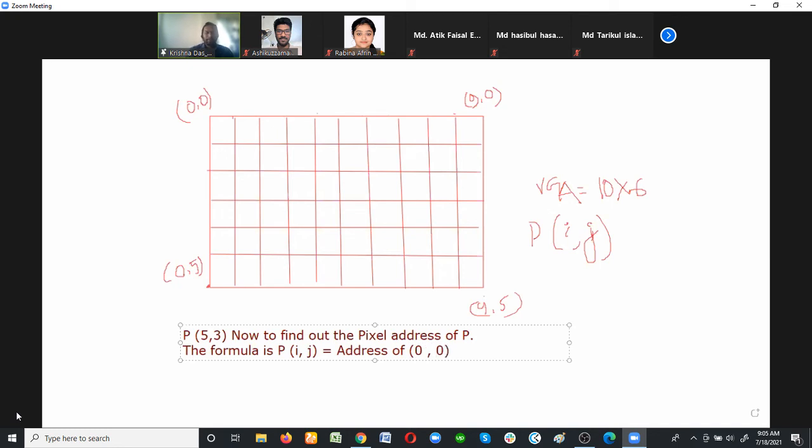Then we need plus i into j max. I'm just writing it down. It should be in small letter in subscript, and plus i, isn't it? That was the formula, i into j max plus i.